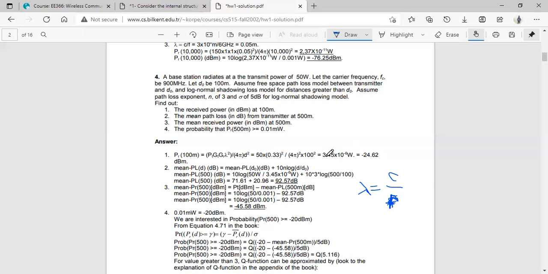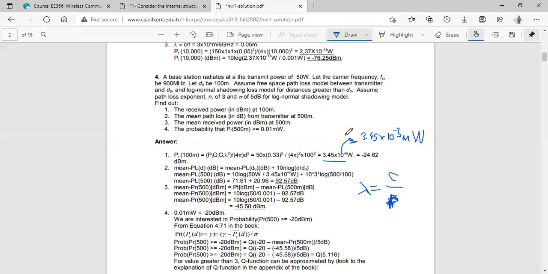So basically we have to take 10 log of this particular value.